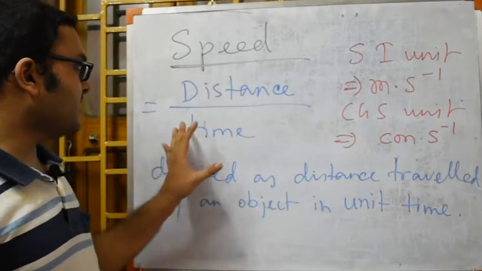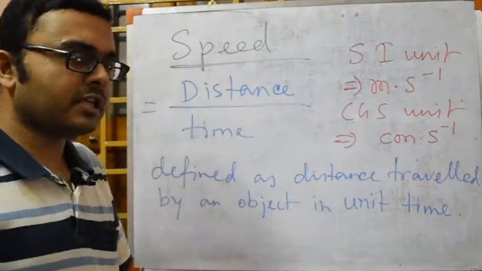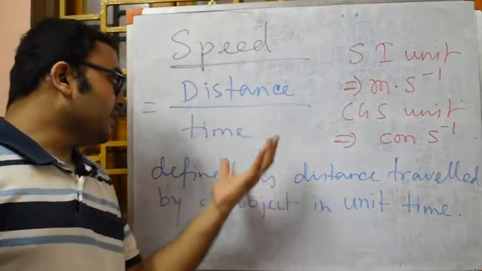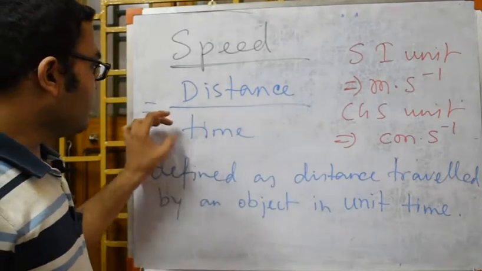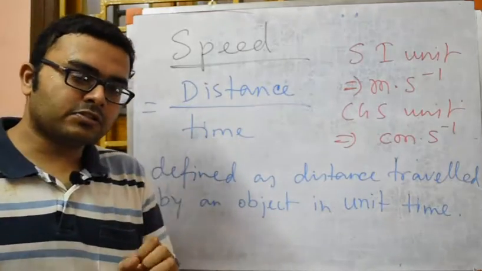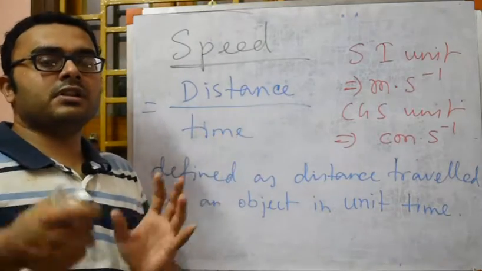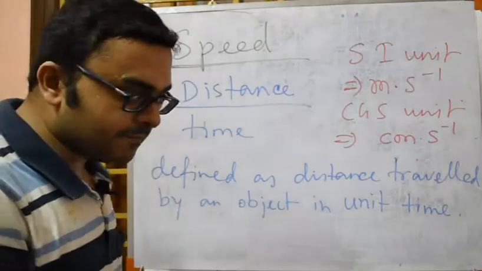Speed is directly related to the distance: the more distance it travels in a particular time, the more the speed. It is inversely related to the time. When the denominator is larger, the speed automatically gets reduced. So when you travel a certain distance in more time, the speed of that object is less.